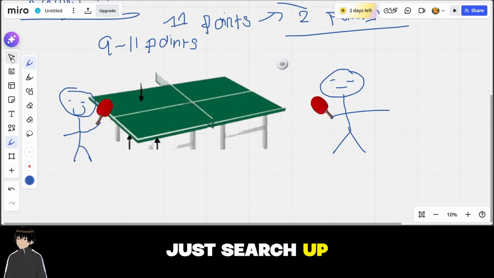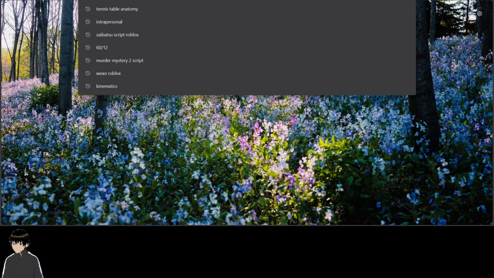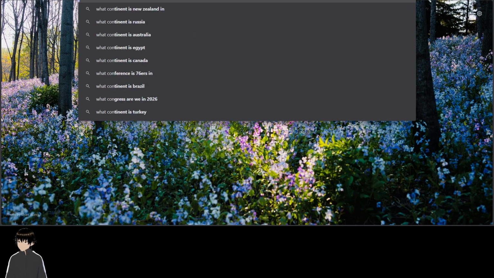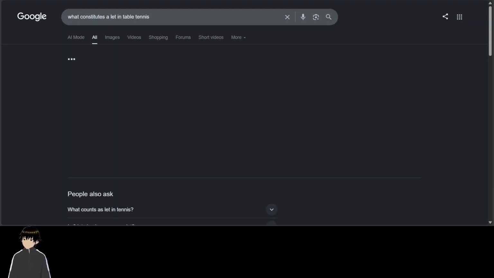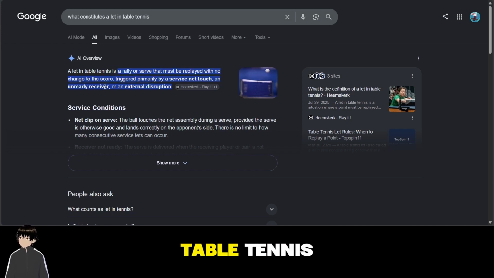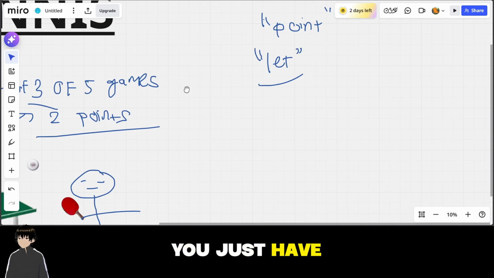So we can just search up what constitutes a let. You can see here: a let in table tennis is a rally played with no change to the score, triggered primarily by a service net touch, an unready receiver, and external disruption.